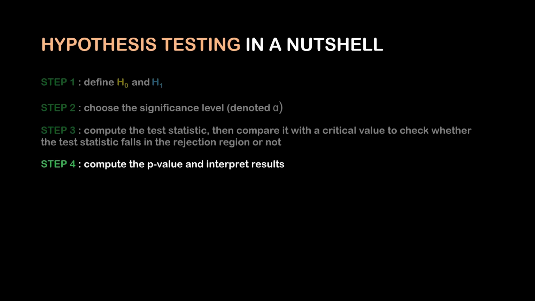Step 4, we compute the p-value and we interpret results. If our test statistic falls in the rejection region, we reject the null hypothesis, and if it falls in what's called the non-rejection region, then we do not reject the null hypothesis, in which case we say that we fail to reject the null.